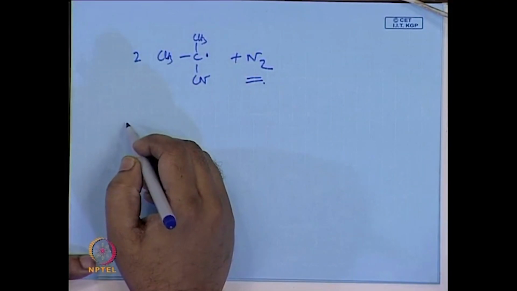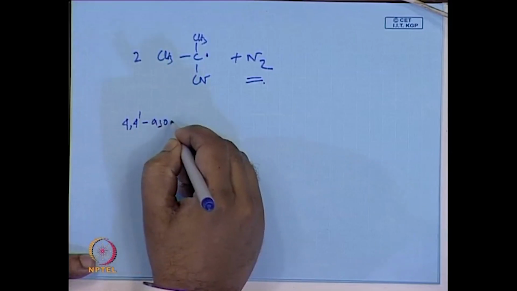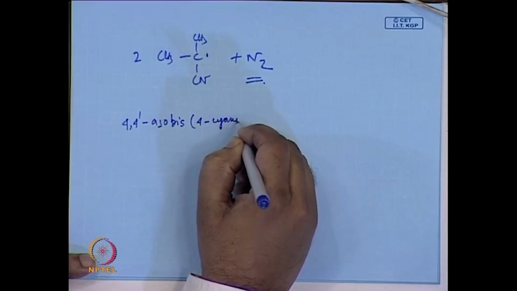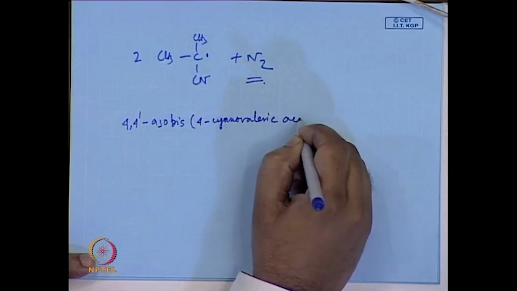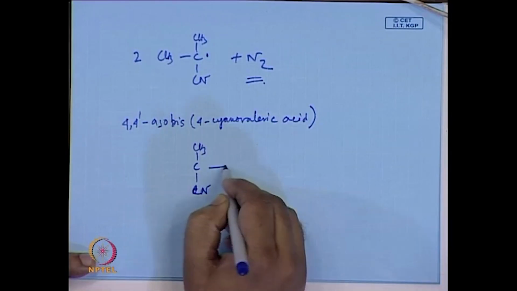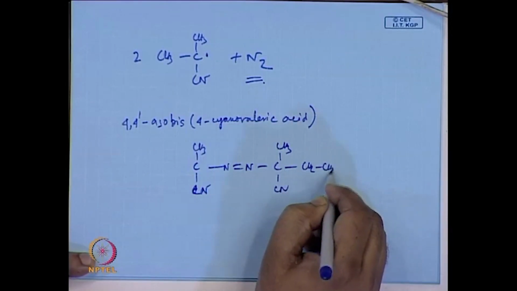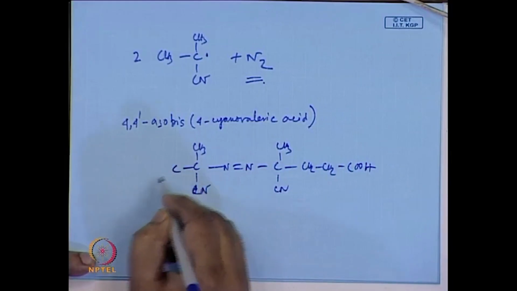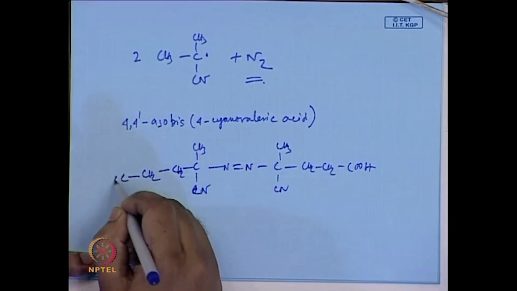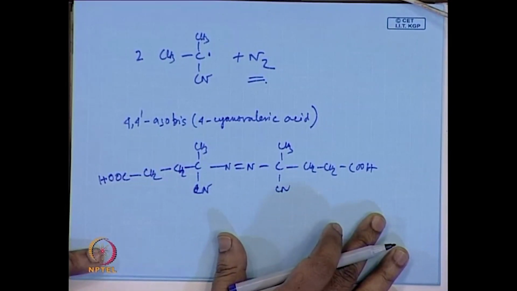Other examples of azo compounds are, for example, 4,4'-azobis cyanovaleric acid. So these are typical examples of these azo compounds.